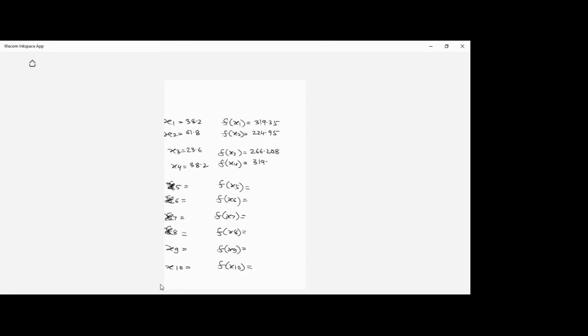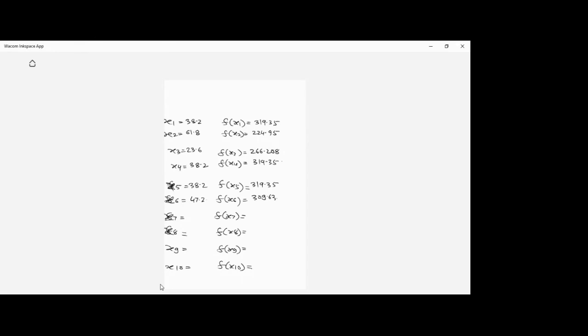Here it is 319.35. x5 then we got as 38.2, and it was 47.2. Here it is 319.35 and 309.63.